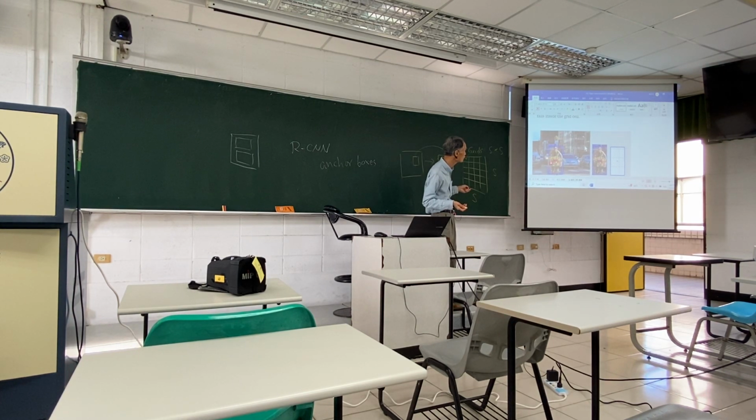Now, from the center, eventually you find there's a bounding box. The blue line here is the bounding box. This is the center of the bounding box, and the center falls within the yellow grid. That's the idea.